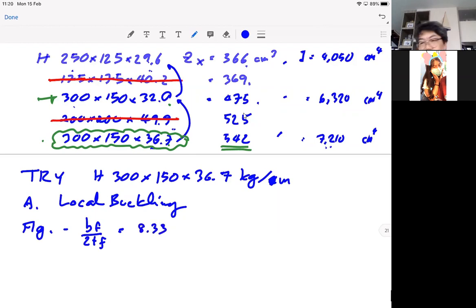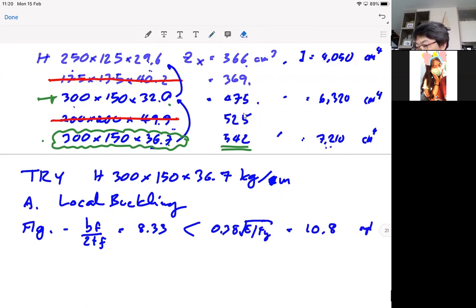And because we say somewhere that we are going to use the SS400, so this will be compared with the good old value 0.38 square root E over Fy, which by now you realize it's equal to 10.8, 10.9, something like that. So this is less. Okay, so it's a compact section.